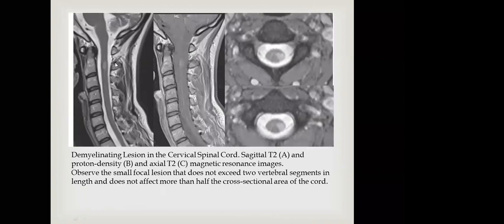This is a T2 and proton density sagittal MRI showing a focal small lesion, less than two vertebral segments, a high signal lesion in the posterolateral aspect of the cord. It represents a classical type of MS lesion.